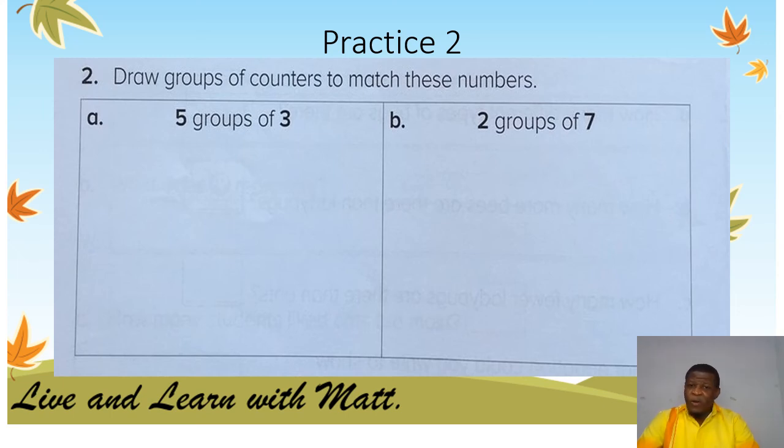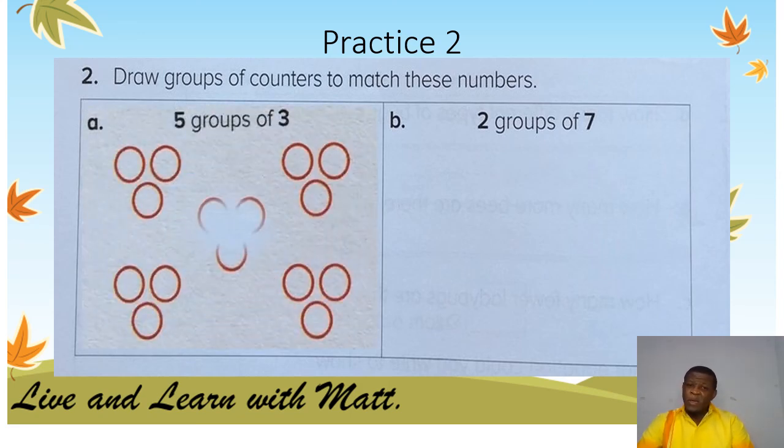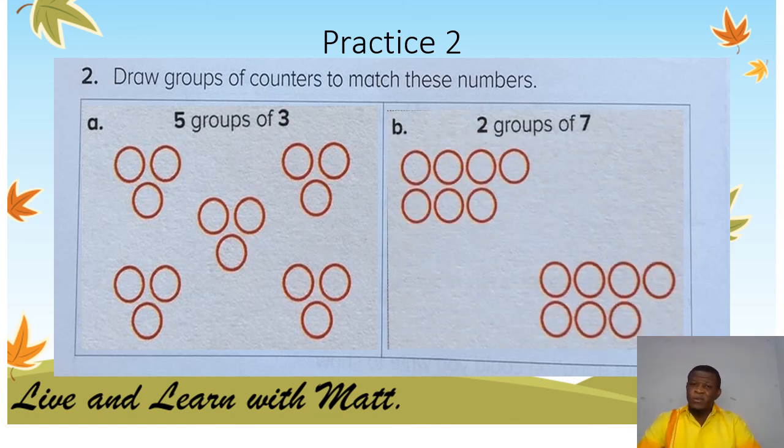You can pause the video and do it first. Okay, so part 2A, we have something like this. 5 groups of 3s. And for part B, 2 groups of 7, we have something like this. 2 groups of 7.